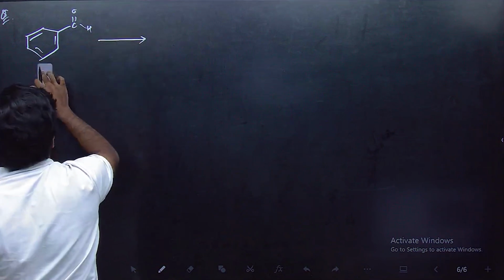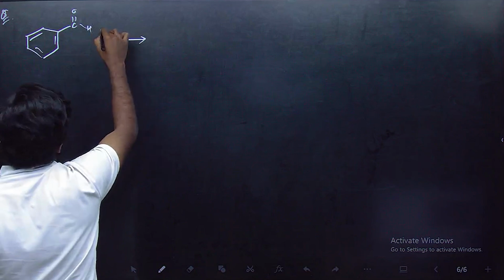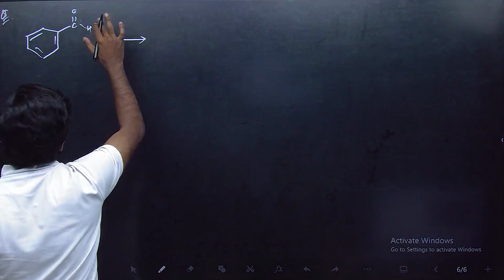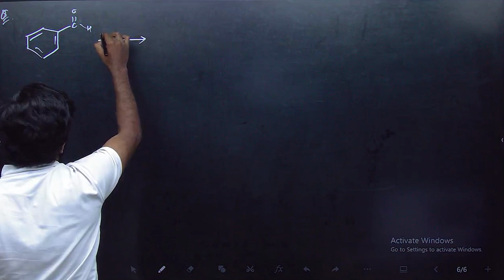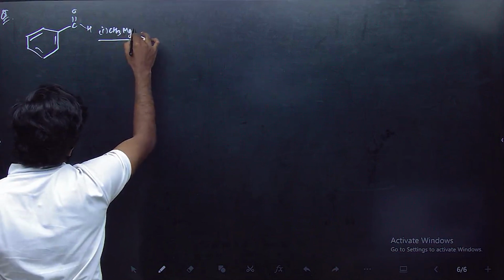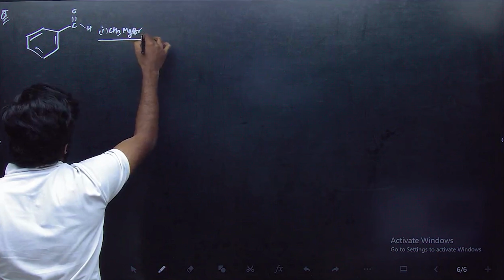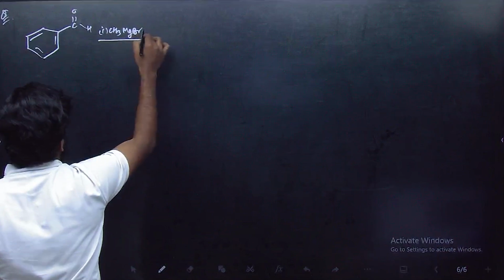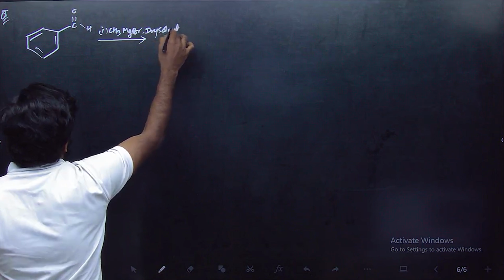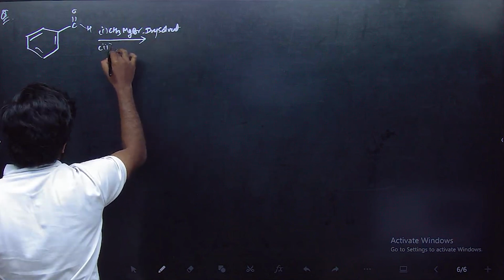Otherwise, if you try to solve this on the basis of mechanisms, trust me, you will end up terribly wrong, right? So suppose first of all we did this with CH3MgBr in ether, a dry solvent, and second you used hydrolysis.